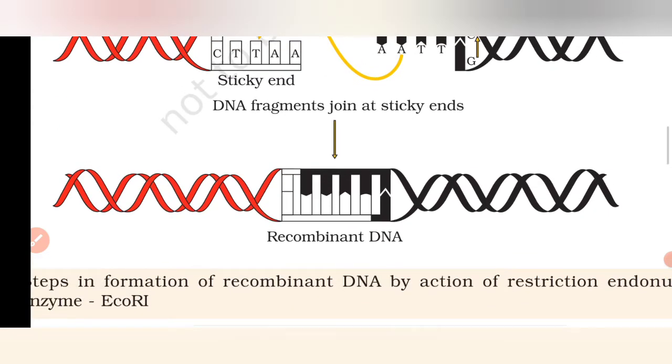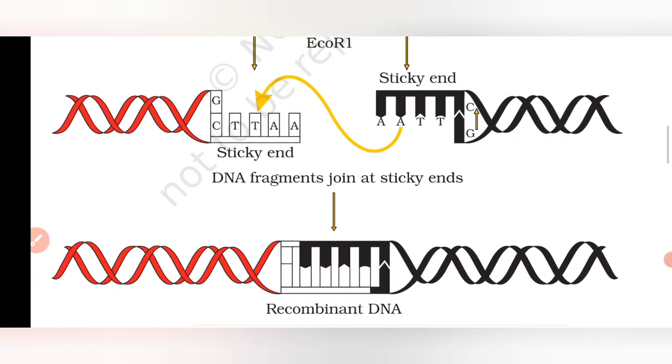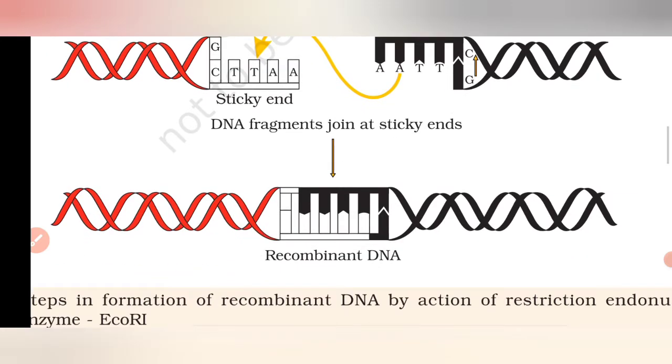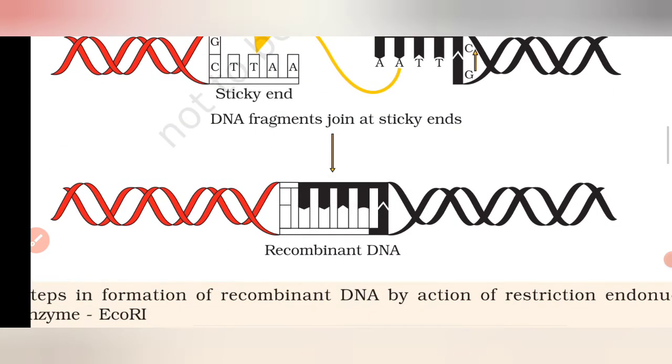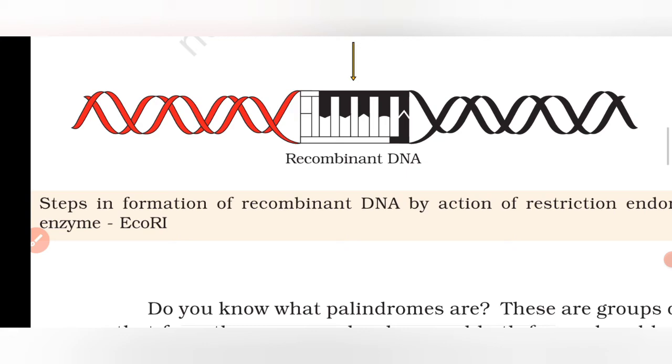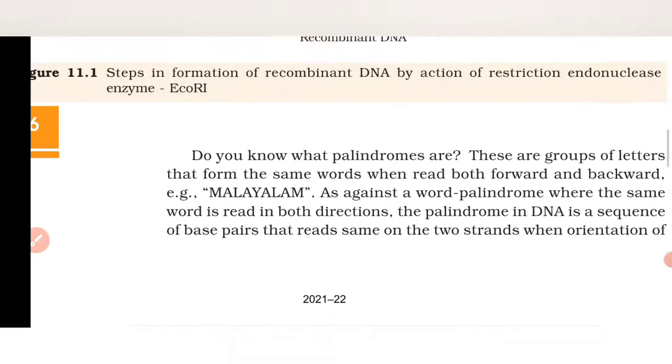Then only you can join the DNA fragments. So when they cut this, they give sticky ends having only half the nitrogenous bases, and the other half, which are complementary, are present on the other DNA. So these are then joined, and for joining we use the ligase enzyme.